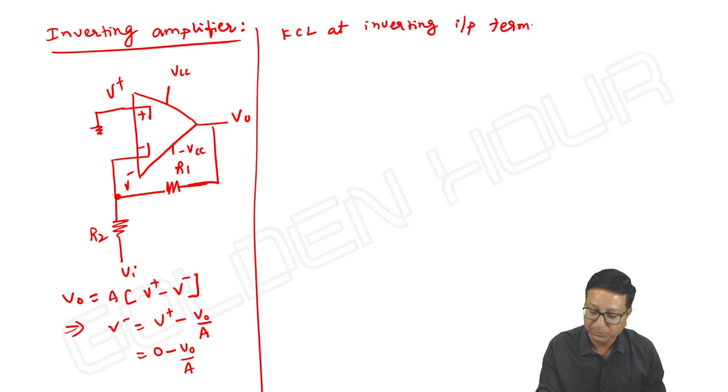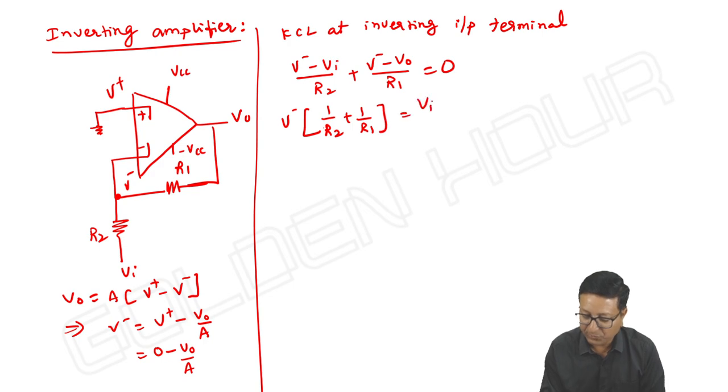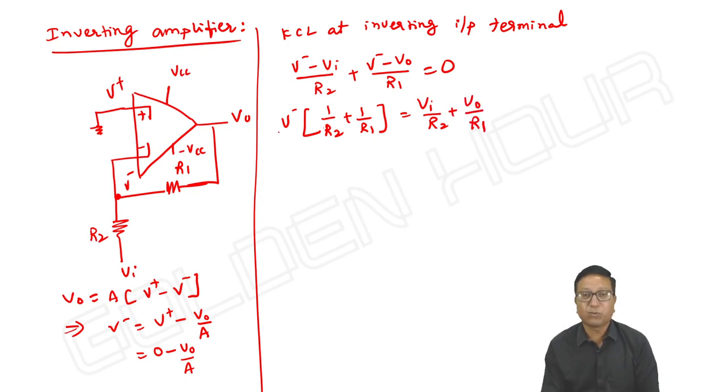Then what do we get? It is Vi minus V minus by R2 plus V output minus V minus by R1 is equal to 0. Let us separate the V minus terms: V minus into 1 by R2 plus 1 by R1 is equal to Vi by R2 plus V output by R1. But what is V minus?